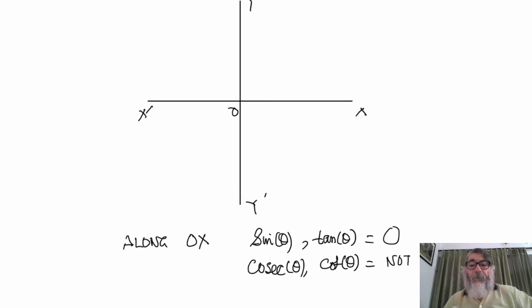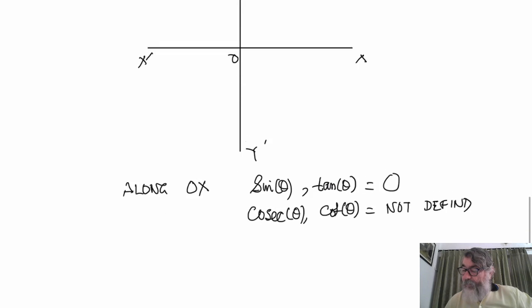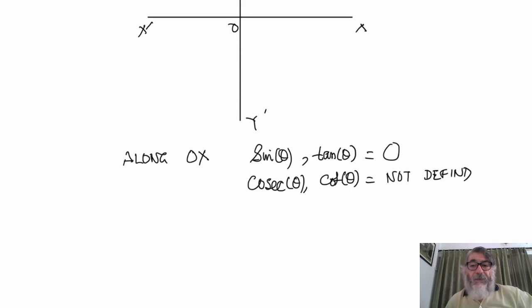Because 1 upon 0 is not defined. Earlier you used to say it is infinity, but we talked yesterday and told you that it means it is not defined. Now, what is left? Sine is done, now cos. Cos theta, the opposite of cos is sec theta, is equal to 1.